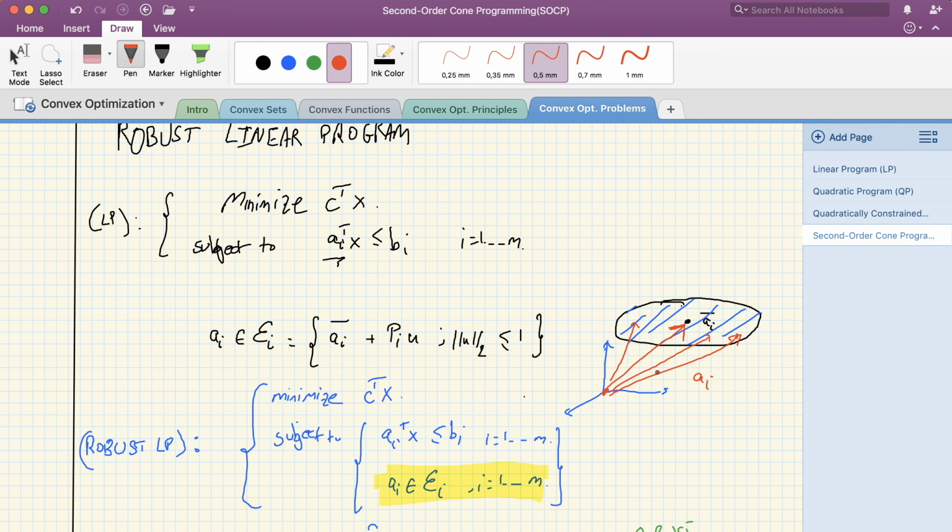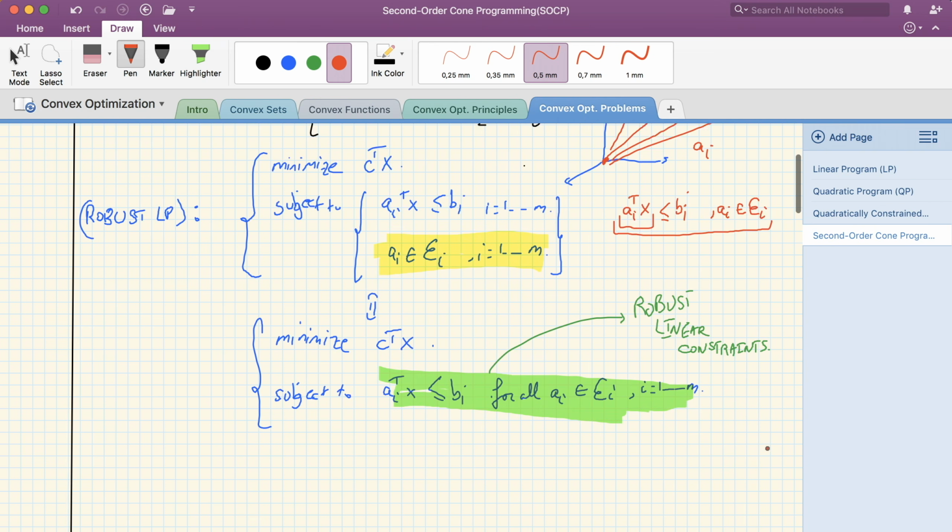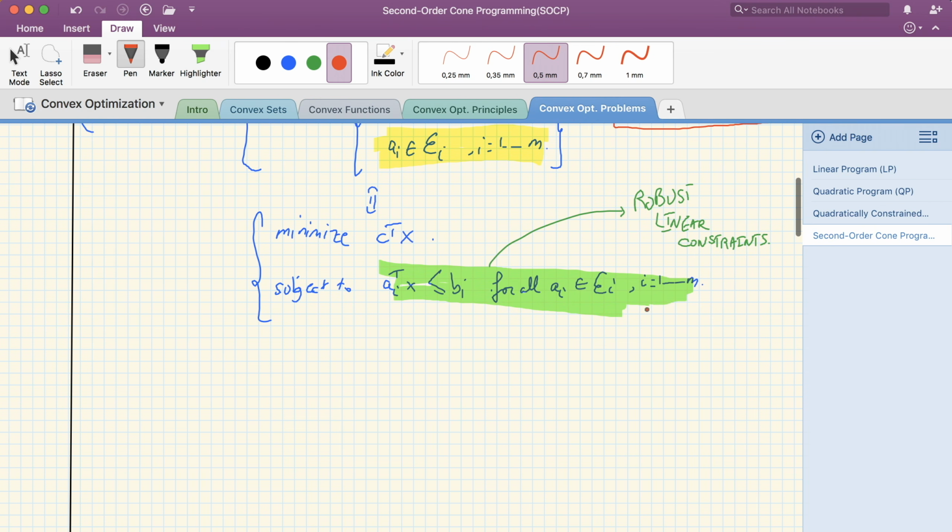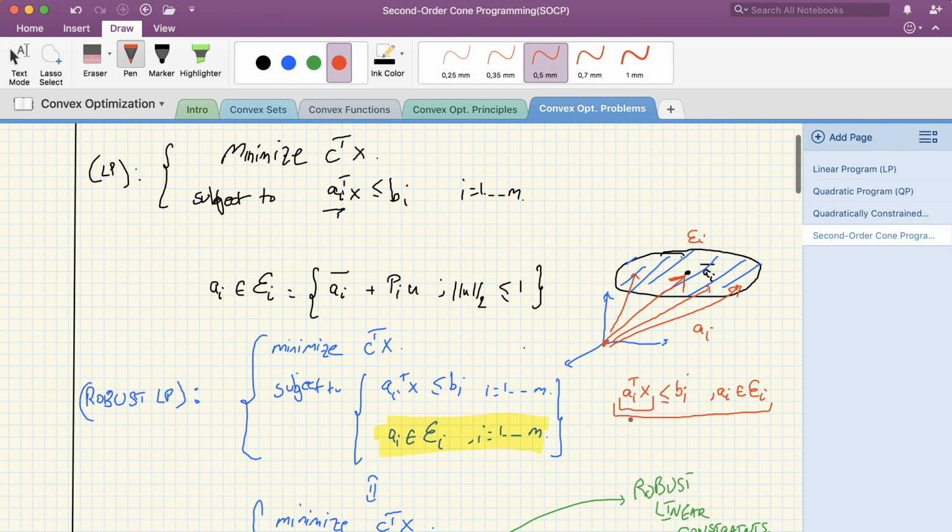So in other words, if we have a certain inequality AI transpose X less than BI, right? And AI transpose X is a scalar, where AI is in EI, this region right here, we can replace this constraint, the green one, with a simpler one, which is saying the supremum of AI transpose X, where AI is in EI, is less than BI, right?